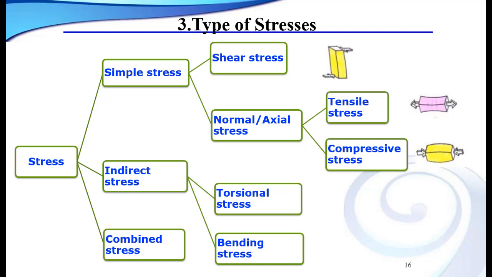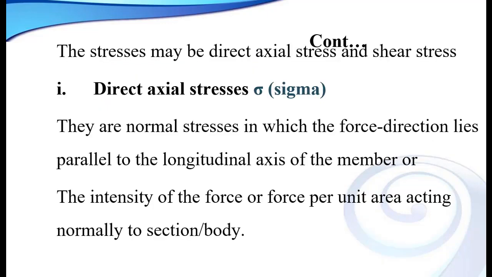Indirect stress is divided into torsional and bending stresses. Combined stress is the summation of bending stress and normal stress. So we must understand what the direct stress is. It is the normal stress in which the force direction lies parallel to the longitudinal axis of the member.